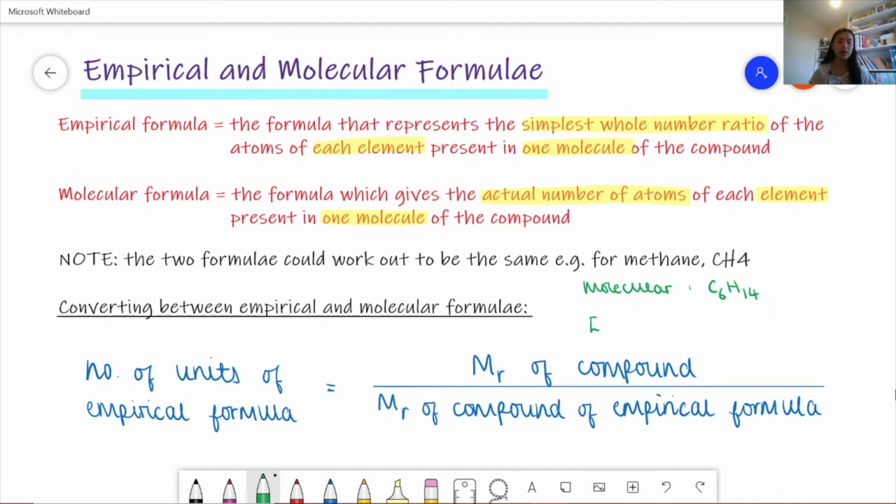And so its empirical formula would not be the same as its molecular formula this time. And so if we divided everything by 2, we would have C3H7. So that would be our empirical formula for hexane.